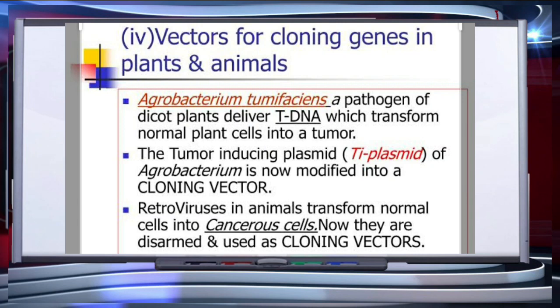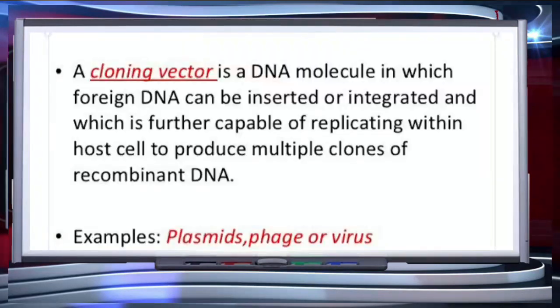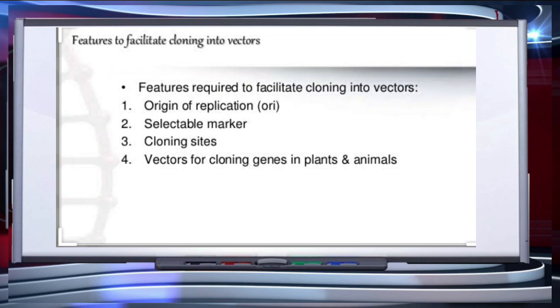Retrovirus and adenovirus are also now used as cloning vectors in animals because of their ability to transform normal cells into cancerous cells. So children, this is all about cloning vectors, plasmids, bacteriophages, cosmids, and features required to facilitate cloning into a vector.